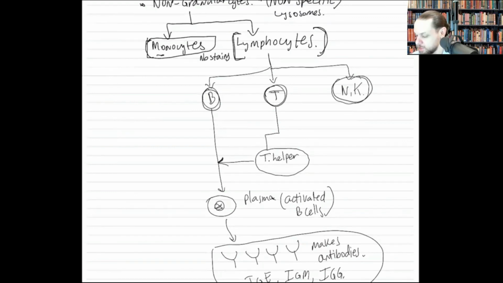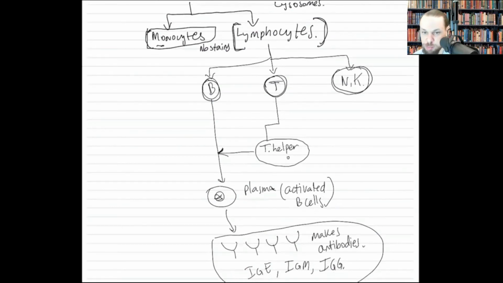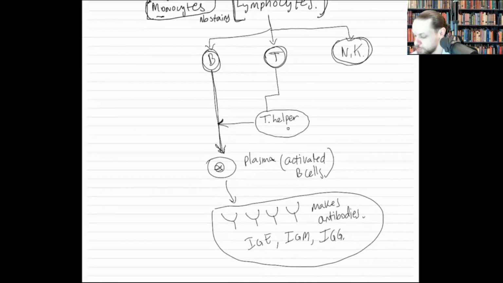And then the T cells further subdivide. There's T helper cells, T cytotoxic cells, T regulatory cells. For this lecture, it's enough to know that T helper cells signal the B cells to transform into plasma cells, which are activated B cells, and their role is essentially to make antibodies.